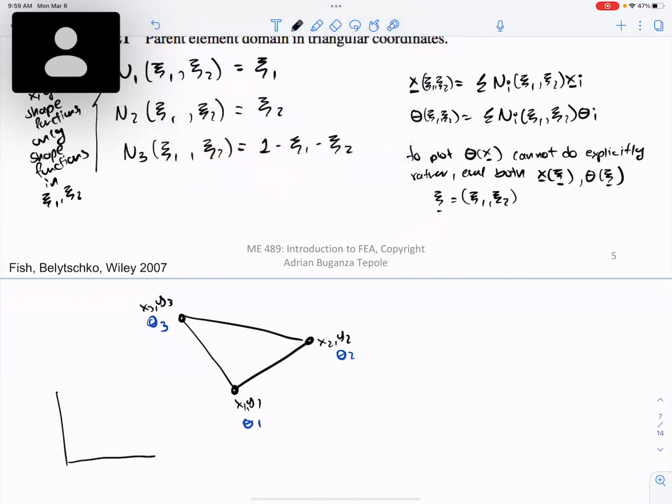And we have our parent triangle, which is always this one, where this is 1, 2, and 3. This one always has coordinates 1, 0, always has coordinates 0, 1, and always has coordinates 0, 0.